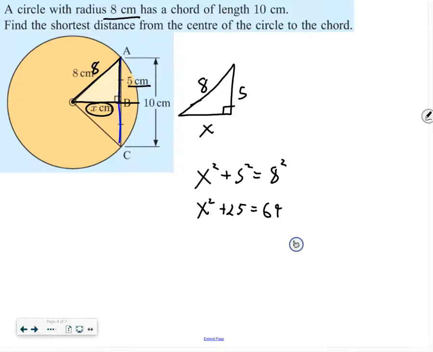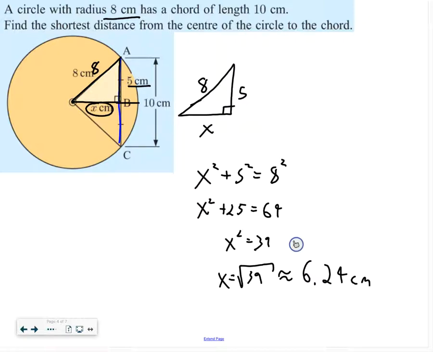Subtract 25 from both sides, and we get x squared is equal to 39. So x is equal to the square root of 39, which is approximately equal to 6.24. Since we're dealing with measurements, that is centimeters.